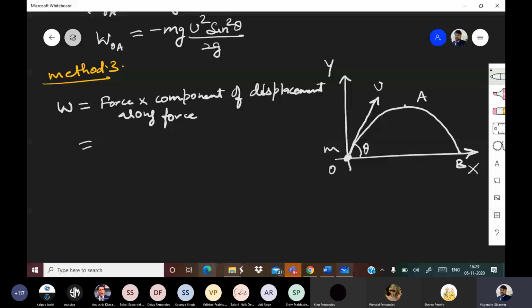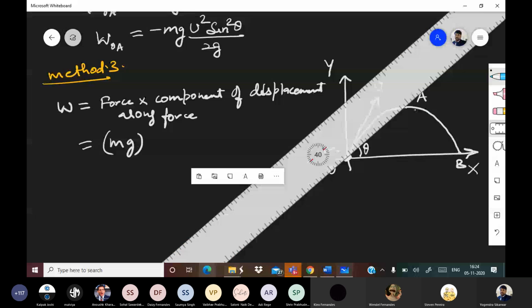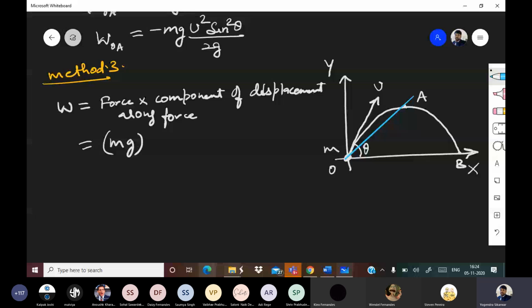Pay attention. What is displacement? This is displacement, the s vector.